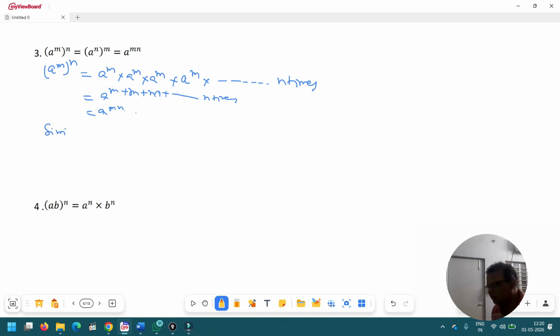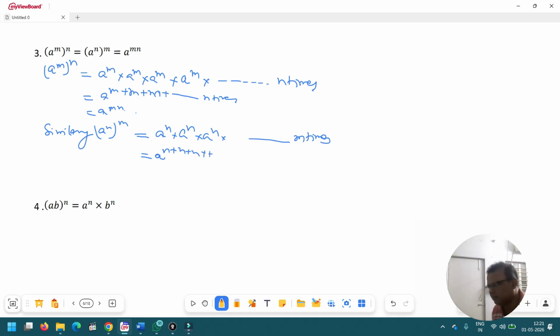Similarly, a to the power n to the power m is equal to a to the power n into a to the power n, up to m times, equal to a to the power n plus n plus n, up to m times, equal to a to the power n into m.